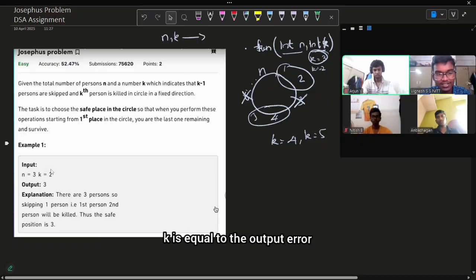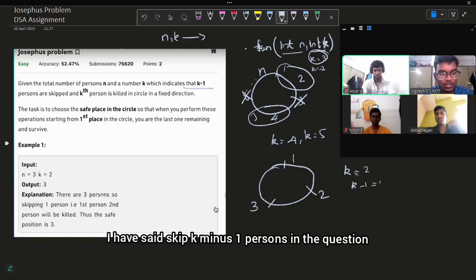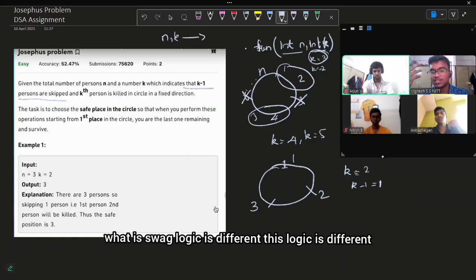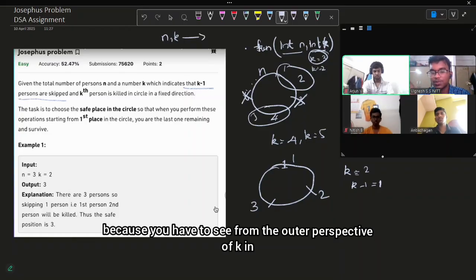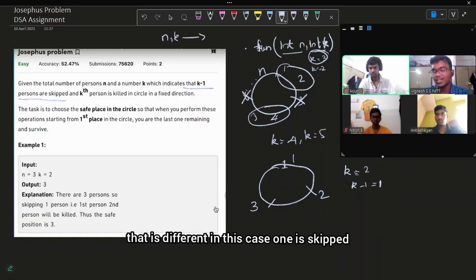Let's suppose n is equal to 3 and k is equal to 2. We will solve this input and give more clarity. 1, 2, 3. k equal to 2 means k minus 1 is equal to 1, so 1 person is skipped. 1 is skipped and 2 is killed.